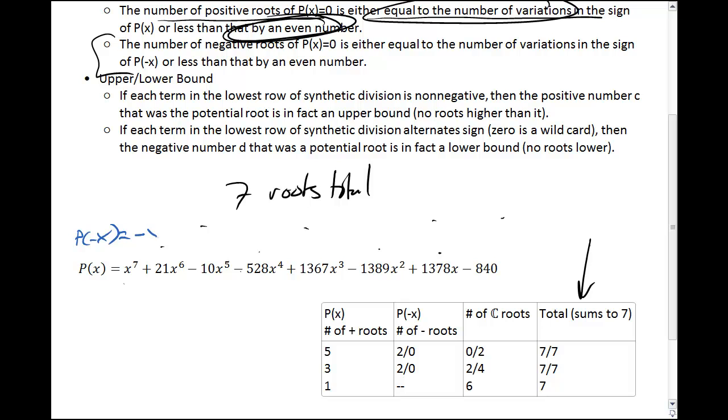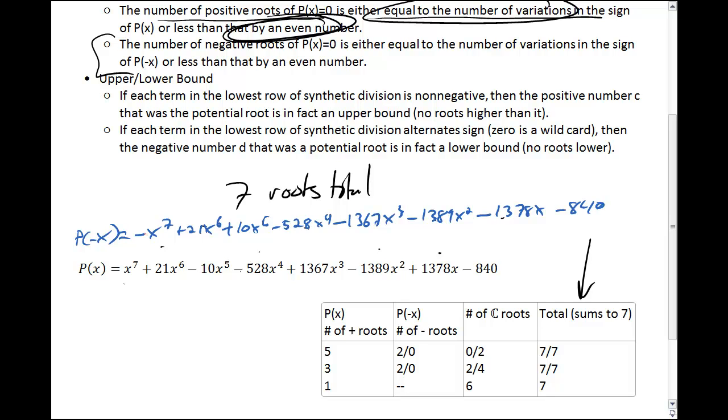Well, I'm going to get negative x to the 7th, still plus 21x to the 6th, because 6 is going to make that negative go away. Plus 10x to the 5th, still minus 528x to the 4th. Minus 1367x cubed, still minus 1389x squared. Minus 1378x, and of course still minus 840 because I can't plug a negative x into there.